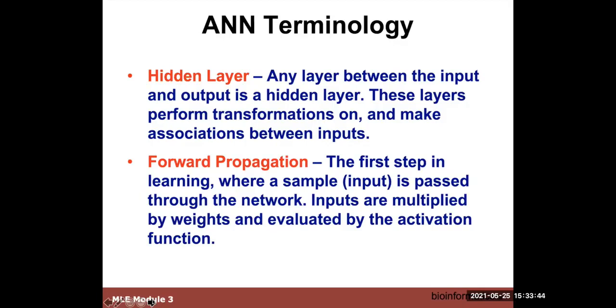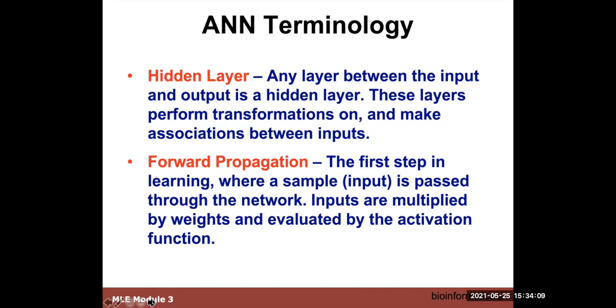So you can have one hidden layer, you can have 2 hidden layers, 3 or more. And these obviously help modify input. They're critical for being able to calculate exclusive OR, to be able to do differentiation of classes or groups, but also for regression.